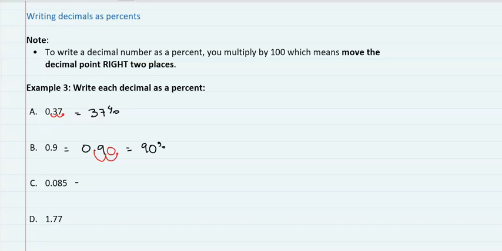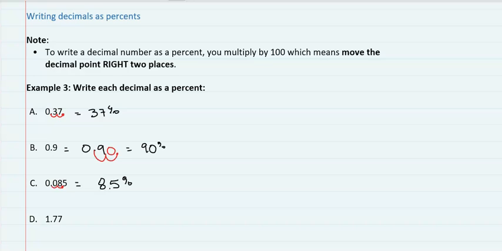Okay. This one, I think I have enough space here, so I'll just move 2 places to the right, and we get 8.5%. And the last one, 1.77. So think about this one.